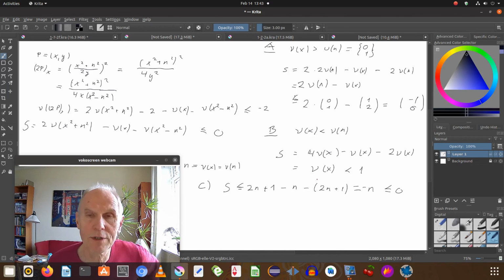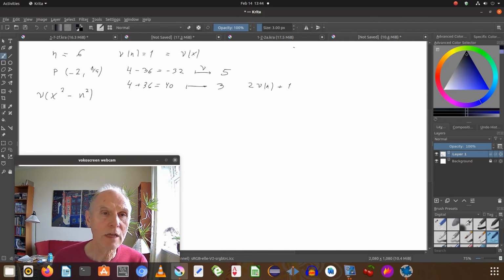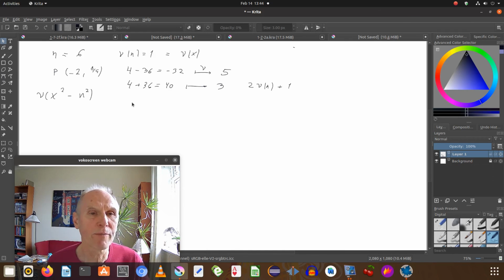Not so easy. I had to think some more about it. I'll just show the result, because it's interesting in its own right, even if one doesn't need it here. I was looking at this example with n equals 6 and the point minus 2, I don't remember, it's 8 or 9, whatever. That doesn't matter here.